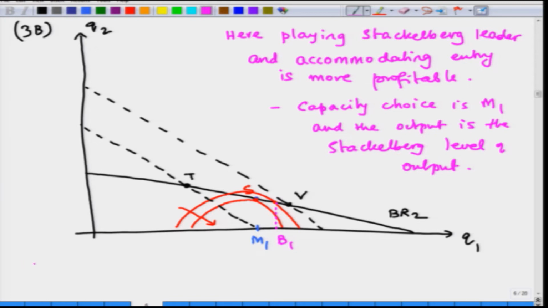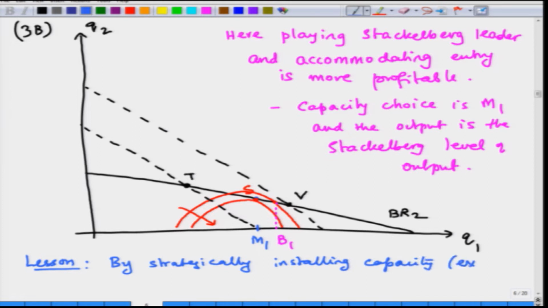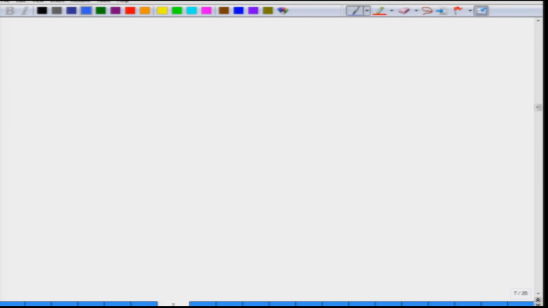So, the main lesson here is by strategically overproducing, strategically installing capacity, which corresponds to essentially excess capacity, the incumbent can deter entry.